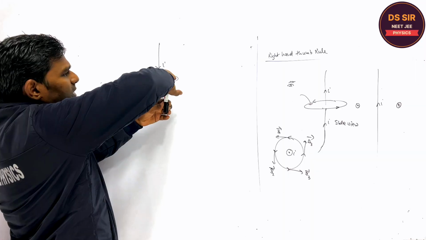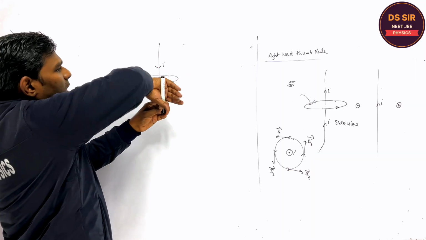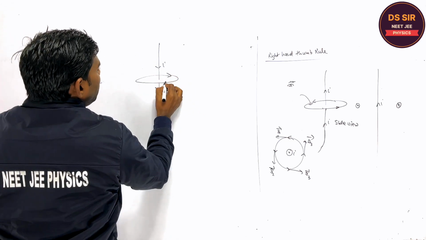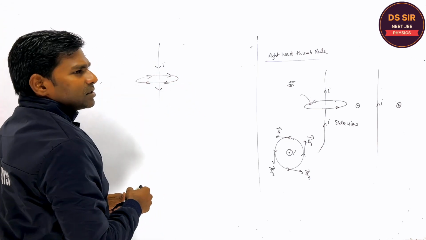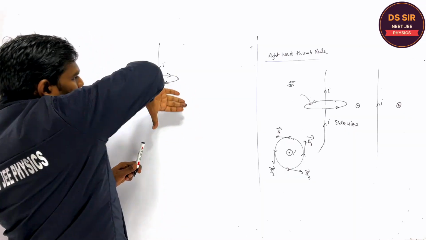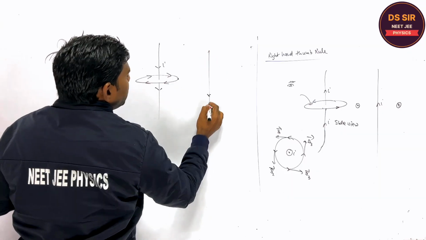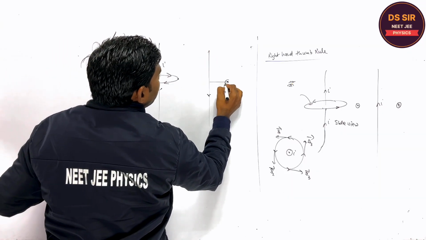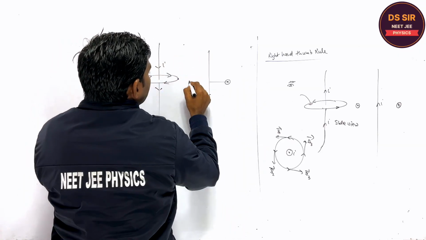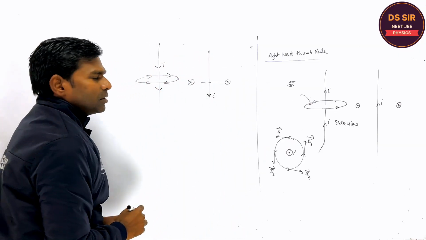Take your right hand like this and curl your fingers. The curling fingers give the direction of the magnetic field like this. So here the magnetic field is out of the board. Current is like this, the magnetic field is out of the board, and here it is into the board. Are you getting or not?